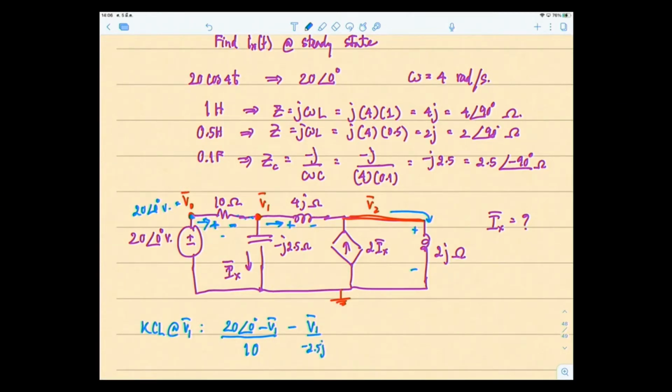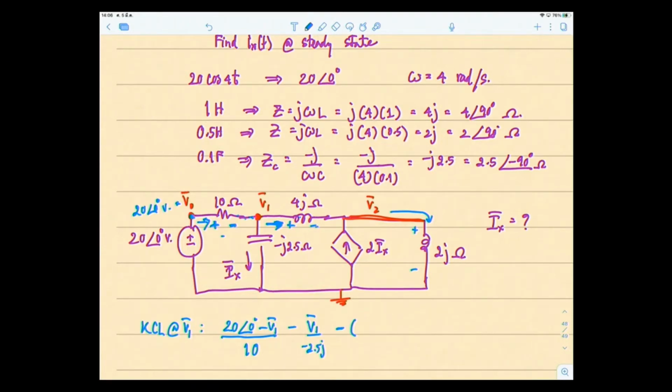Then this current is leaving V1, so minus the current passing through 4j. And the current passing through 4j is simply the voltage drop across 4j divided by 4j. I equals V over Z.